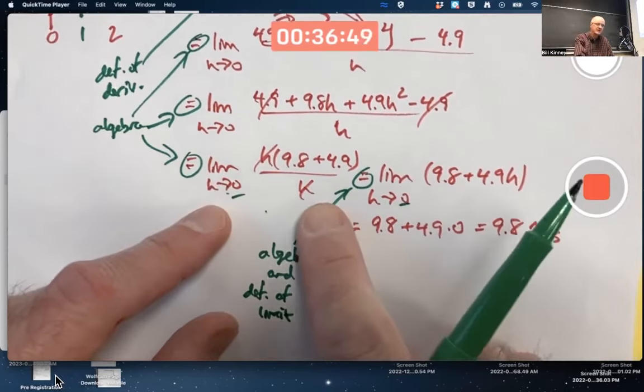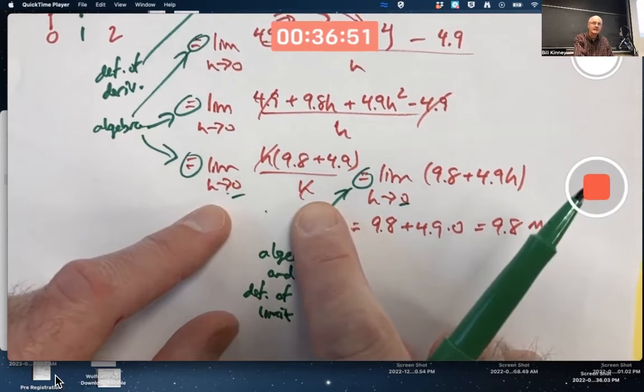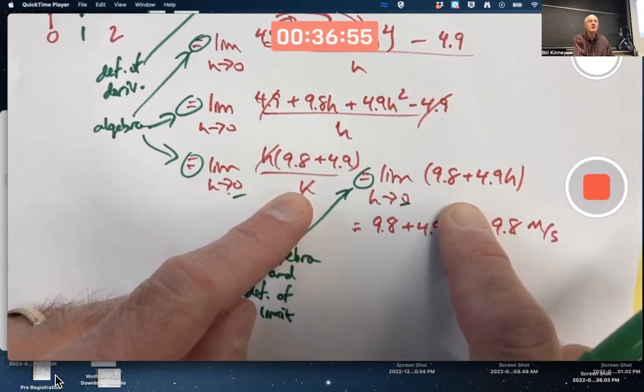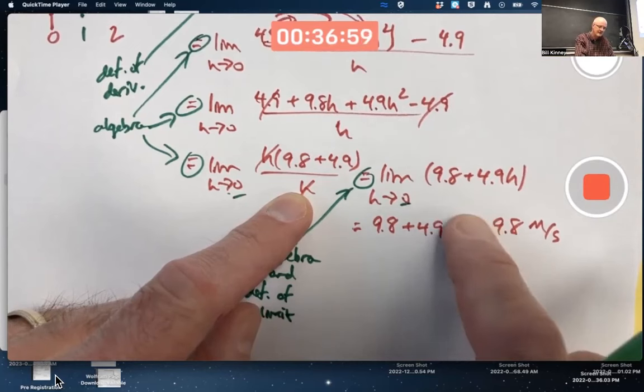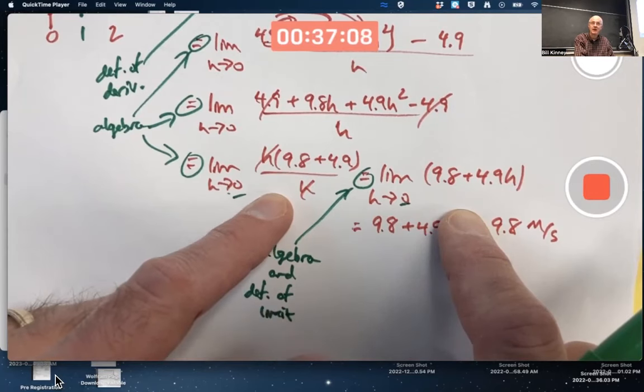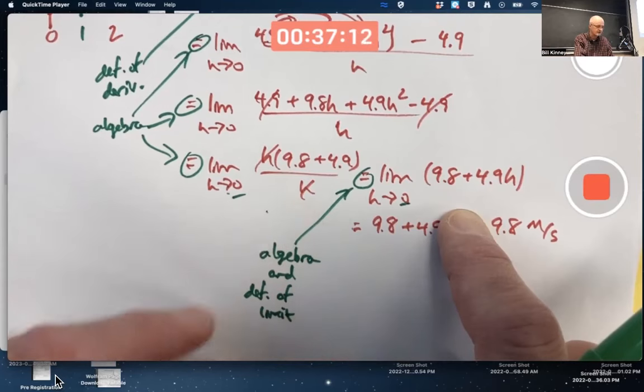Doesn't matter that this function is undefined there. These two functions as functions of h are equal as long as h is not 0. So if this one has a limit as h goes to 0, so will this one, and they'll be the same limit because they're the exact same function when h is not 0. And again, when h is 0, it's irrelevant for the limit, technically speaking, as far as its definition goes.